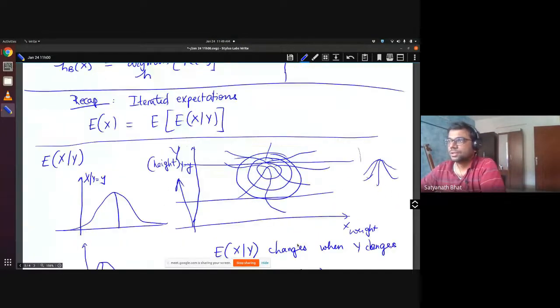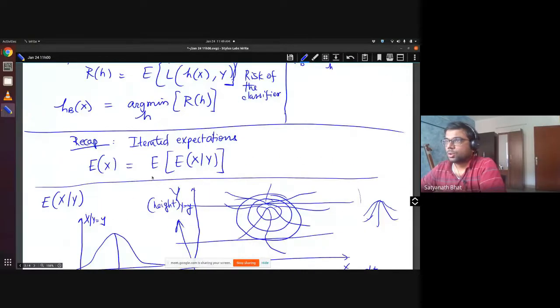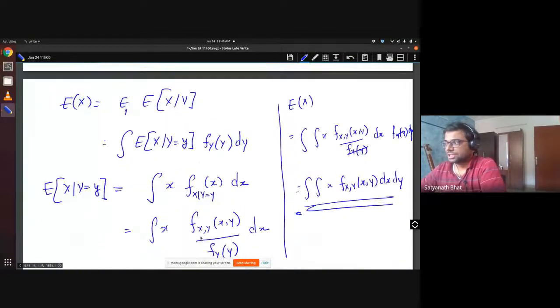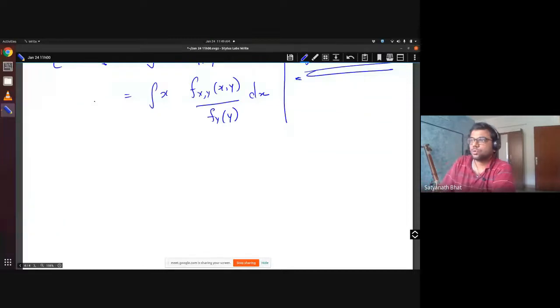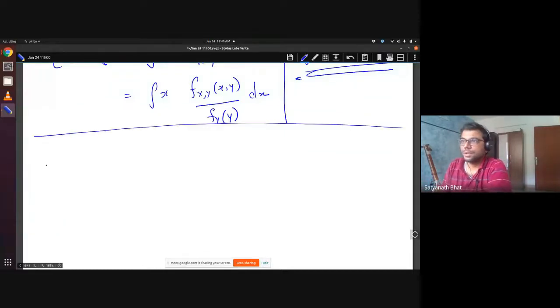So now when you come to the risk of a classifier R of h, how do we use this? R of h, you can define this as the expected value of L of h(x), y.